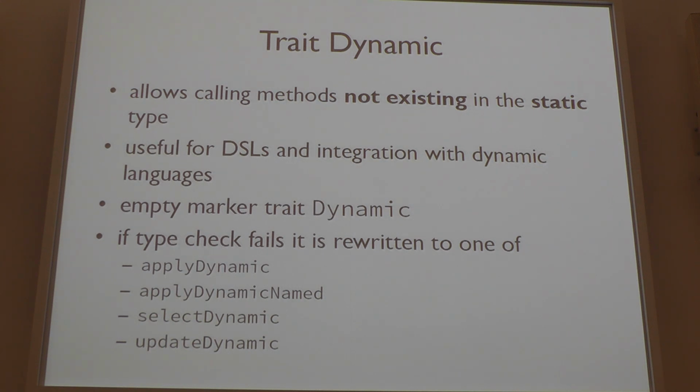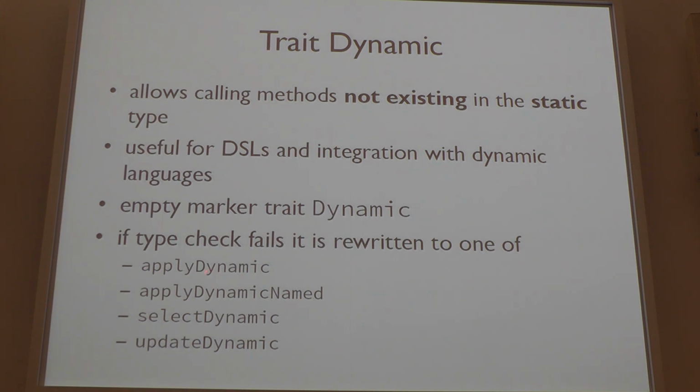If you call a method on some type and the compiler finds out that there is no such method, and there is no implicit conversion that would allow you to type check that, the compiler will look if the type extends from Dynamic, and if it does, it will try to look for one of these or all of these methods.